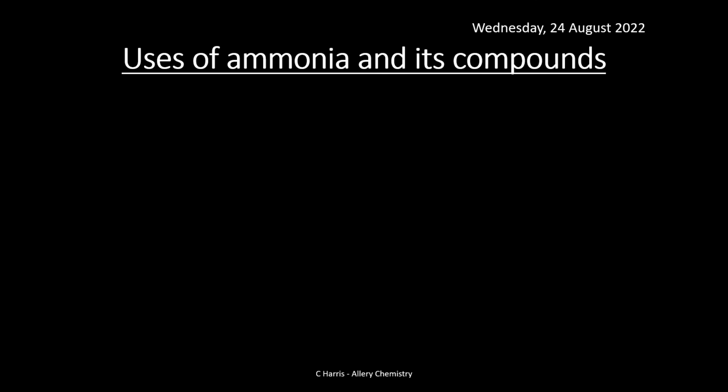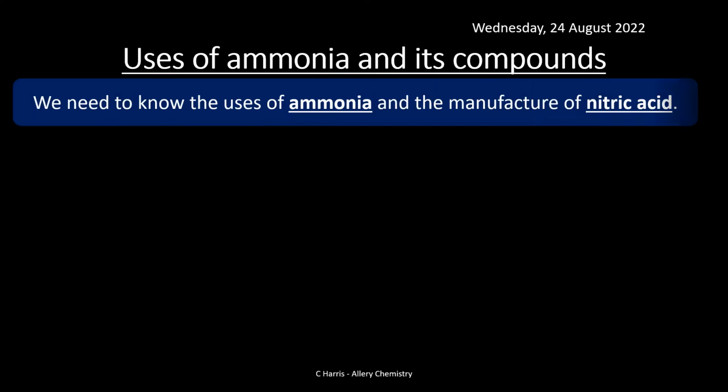So let's have a look at some of the uses of ammonia and its compounds. Obviously, we need to know the uses of ammonia, what you actually do with it. Again, we've touched on this in the previous topic, and you'll find with CIE there's a lot of overlap between topics anyway. But we need to know about the uses of it and the manufacture of nitric acid as well. So we're going to start with ammonia first.